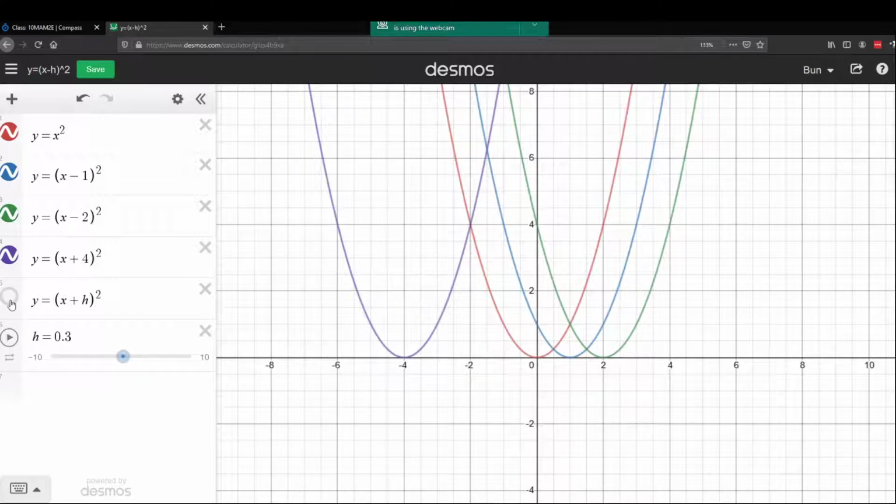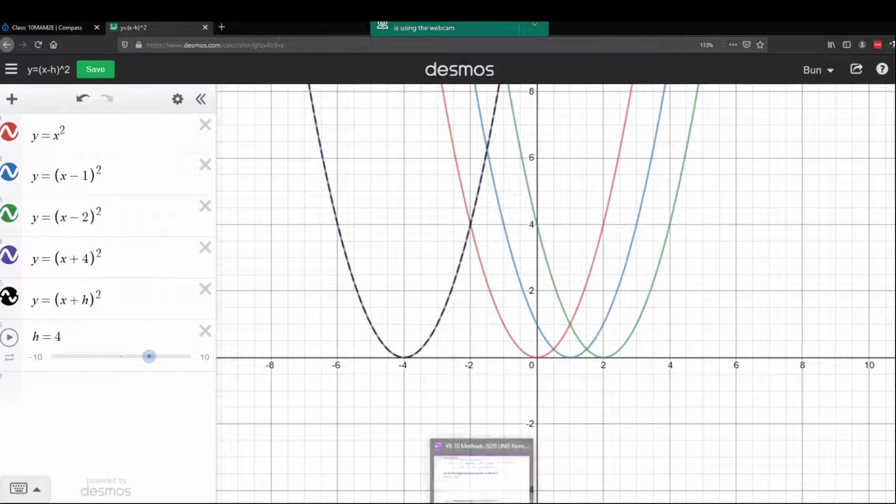Let me generalize that. Here h equals 0, so the black dotted line is on the red line right now. I'm going to move it towards -1, and now towards -2, and now towards +4. So h equals 4.